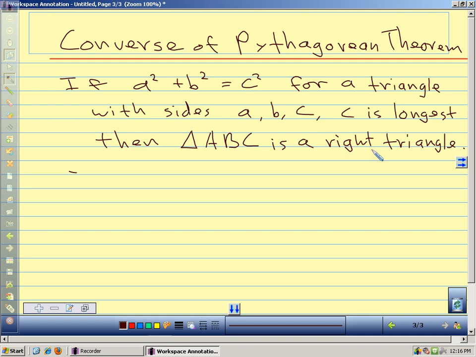Because if you remember, at the end of last semester, we did some problems where we had three sides and we were trying to figure out if we could make a triangle with those three sides. This problem is a little different. When it says right triangle, we think, does it work in the Pythagorean theorem?